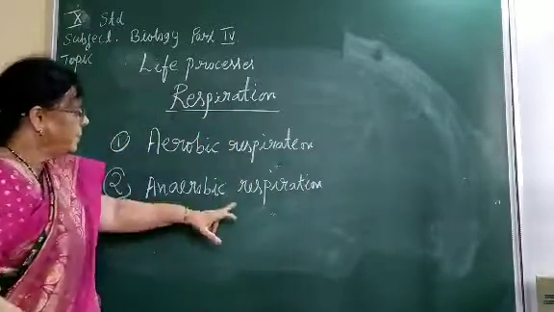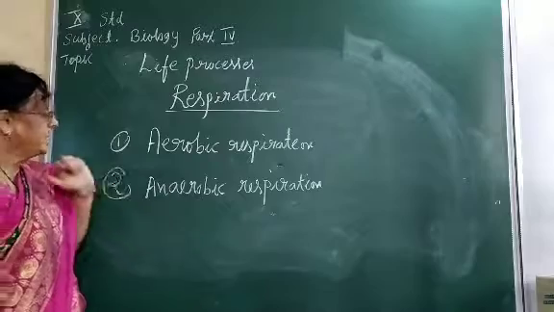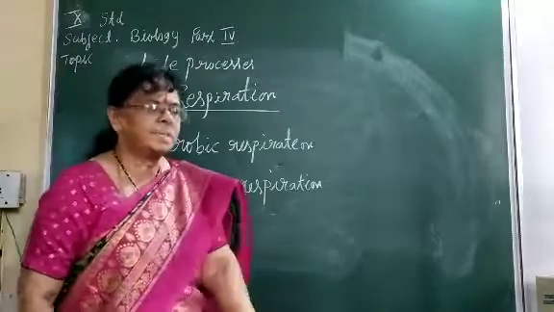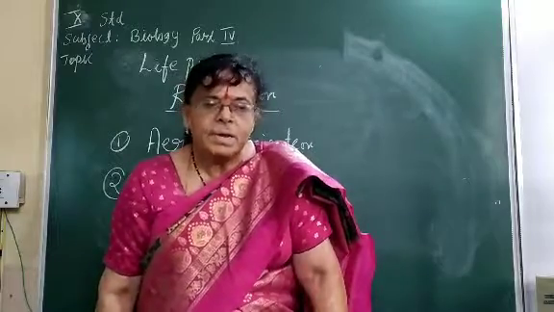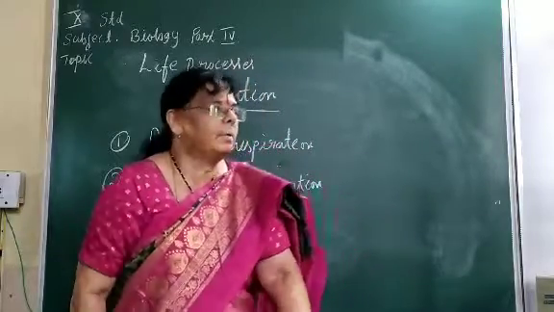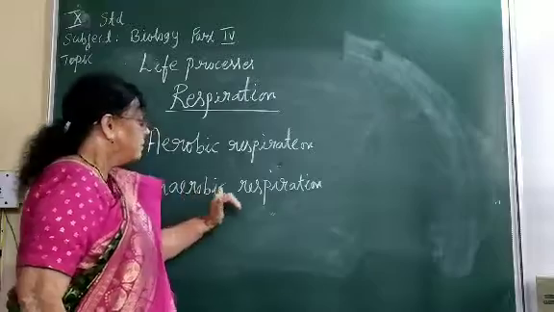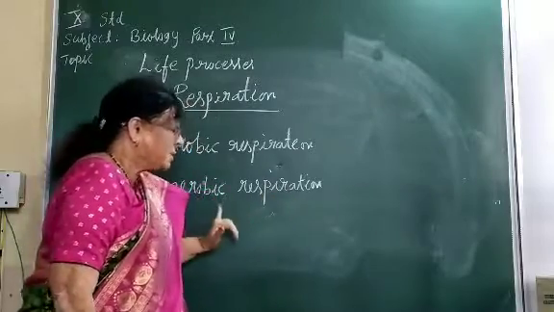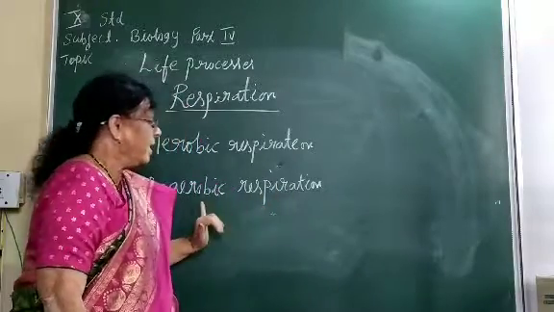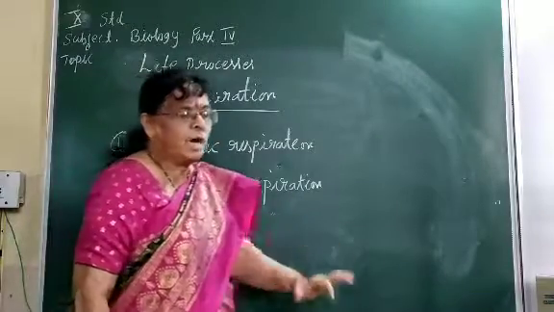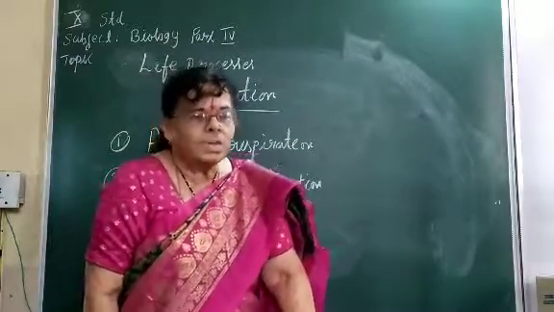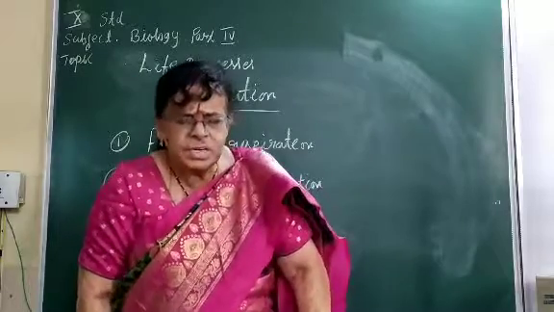In this anaerobic respiration, the food substance does not take oxygen, but when the food substance undergoes a chemical reaction, there is the production of another organic substance called ethanol, and carbon dioxide and energy are given out.